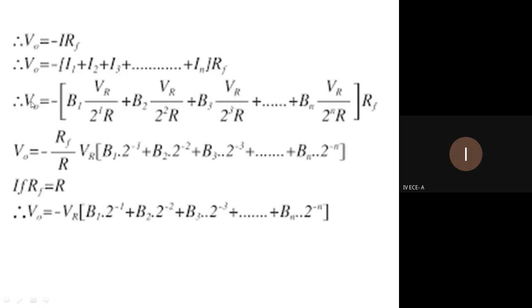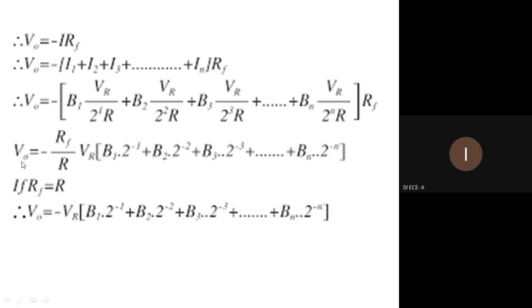So the output voltage is equal to minus, where I is VR divided by 2 power 1 into R into B1. B1 is the bit position, whether logic 0 or logic 1. For the second bit, B2 into VR divided by 2 square into R, plus B3 into VR divided by 2 power 3 into R, plus up to Bn into VR divided by 2 power n into R, into RF.